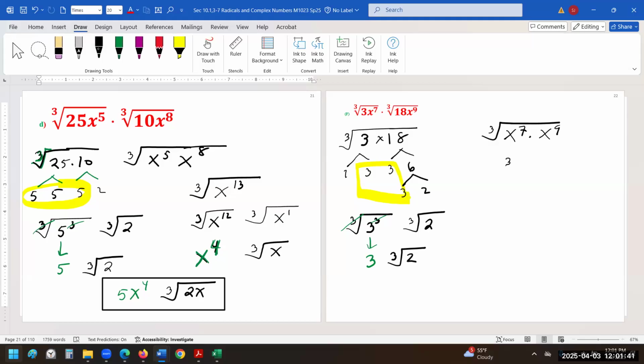Now you go to the variable. X to the 7 times x to the 9. What do you get? 16. Is 16 divisible by 3? No. That means you have to split them into 2 pieces. What number below 16 is divisible by 3? 15. So x to the 15, and then how many remain? 1.